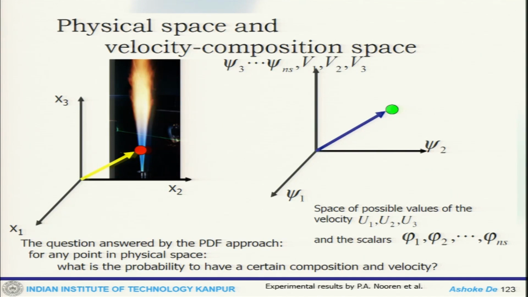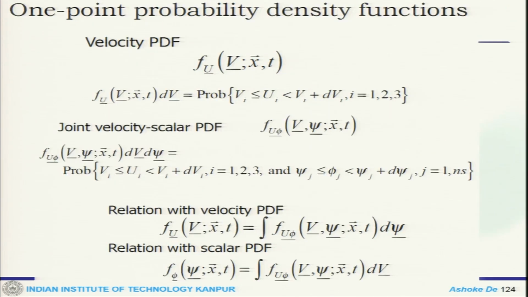Now, if we look at the physical space problem is here and we transform the velocity composition PDF, that means you have 3 velocity component variable and the scalar variable. So, they will form this total space which is a joint velocity composition PDF, and one can see what is the probability to have certain compositions over there. Now, if you look at the 1 point probability density function, the only velocity PDF you can write is the probability of some sample lying between these two components.